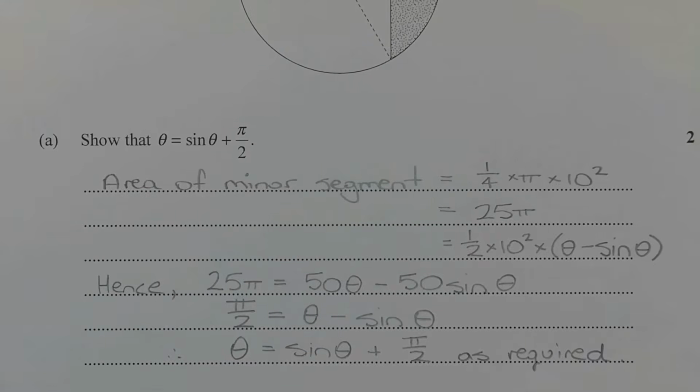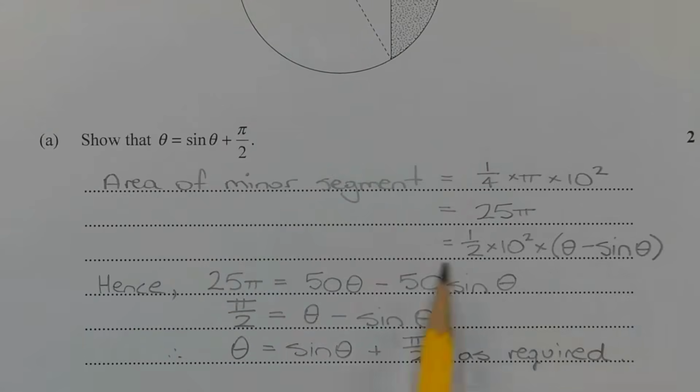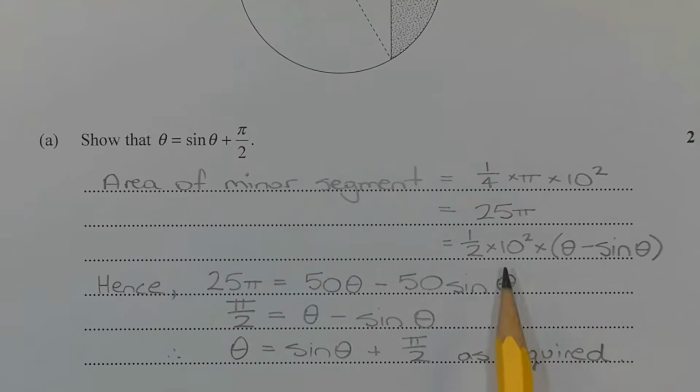Now one last point, going back to this equation here, we don't have to expand the brackets necessarily. What we could have done is to divide both of these terms by 50 first, and then we're just left with theta minus sine theta on one side of the equation, and then rearrange it to get theta equals sine theta plus pi over 2.